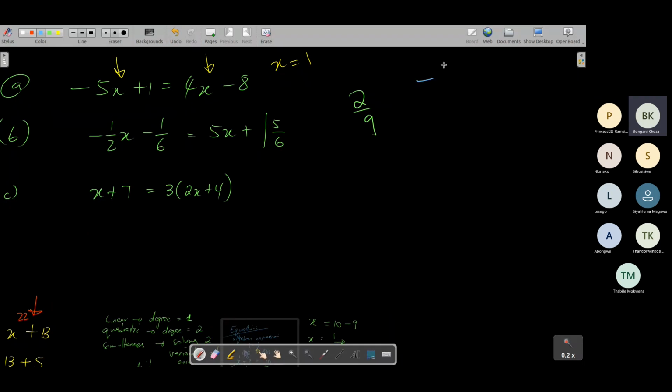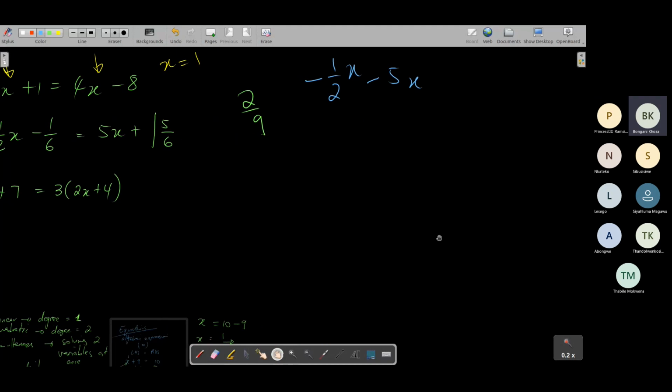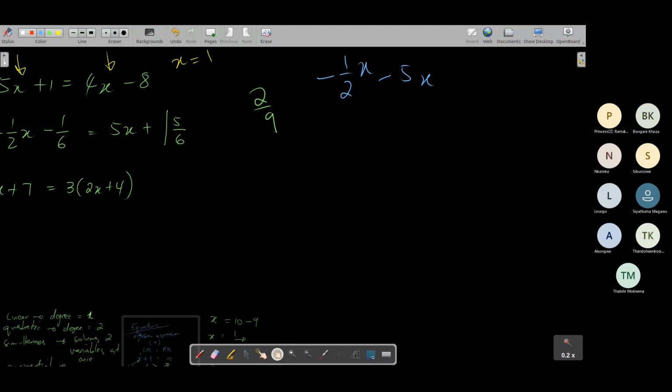All right, so we're having minus 1/2x. We'll take this 5 to the other side, so it will be minus 5x, and then equals to this, which you can transform to an improper fraction. How do we transform that?